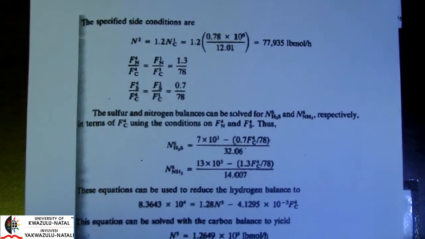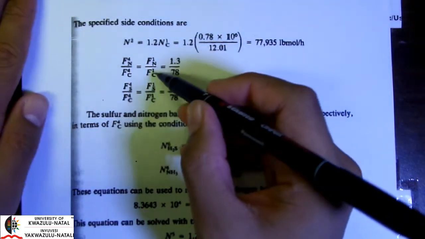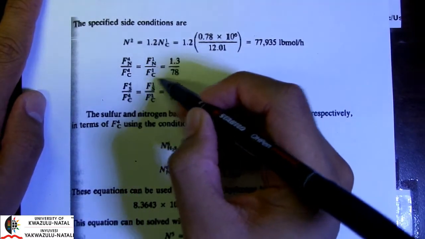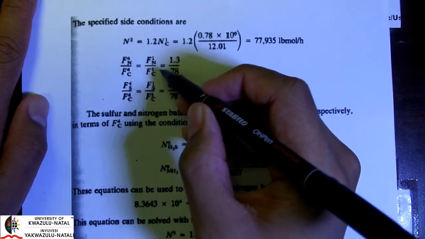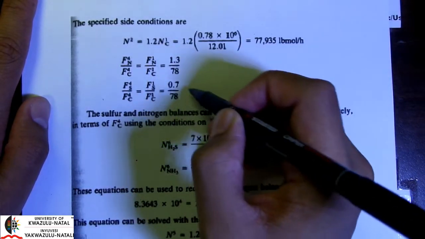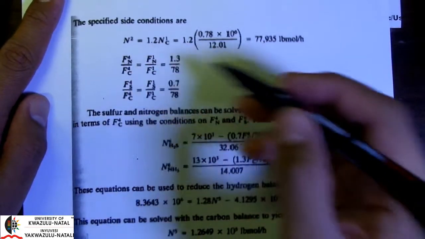And if we apply our subsidiary relations, we can find our ratios of our nitrogen to carbon in the feed as well as the sulfur to carbon, and that's equal to the ratios in stream 4.